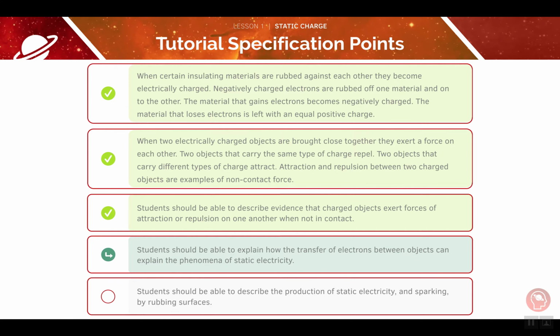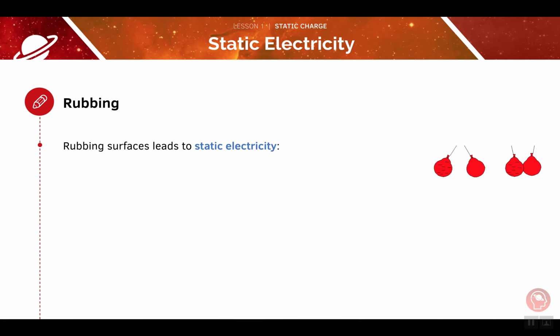Let's look at our next specification point, covering the transfer of electrons. When we rub two surfaces together, we are producing static electricity. This occurs when electrons move from one surface to the other.